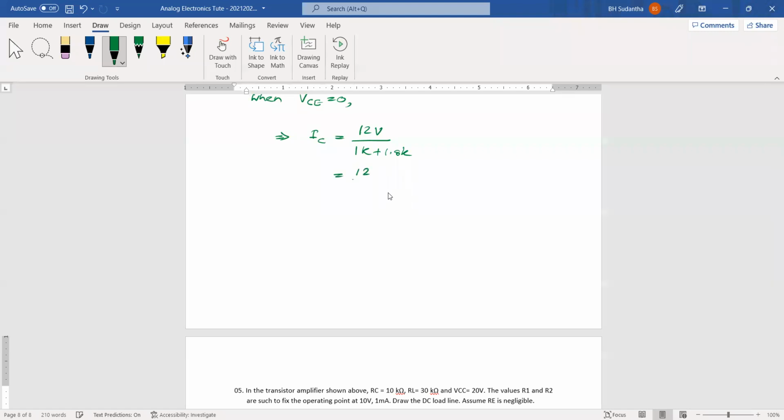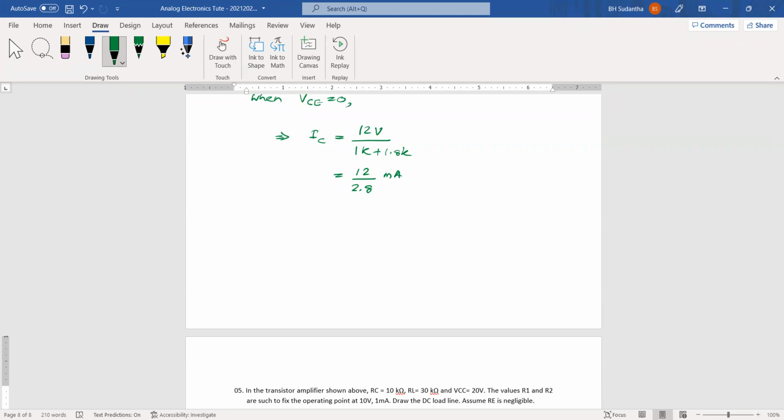Then this is 12 divided by 2.8K milliamp. So this K can be taken out. K is 10 to the power 3, and when you take it up, it is 10 to the power minus 3, which means milliamp. When you see K, you can take it up and put milliamp.